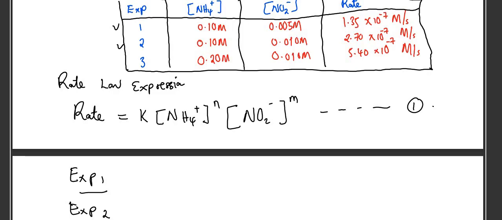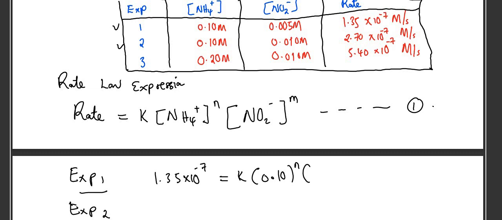We start with the rate, following the expression. What is the rate of experiment 1? It's 1.35 times 10 to the power negative 7, equal to, no need of showing units here. You will only show units when you are calculating the value of K. So the rate of experiment 1 is that. K we don't know. The concentration of ammonia we know is 0.1 molarity, and we have an N there.